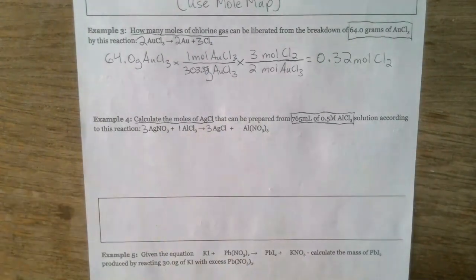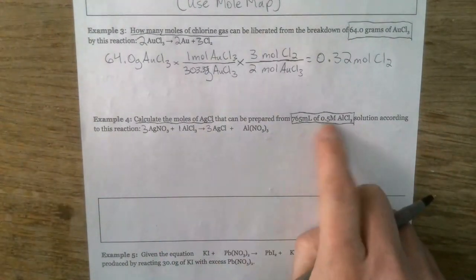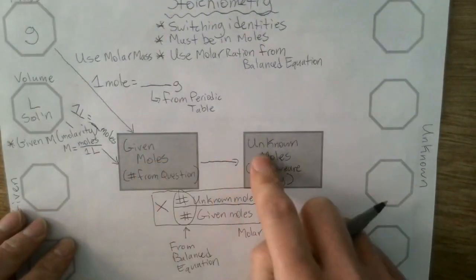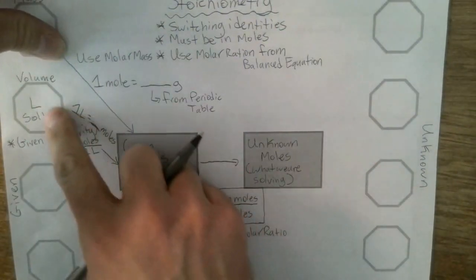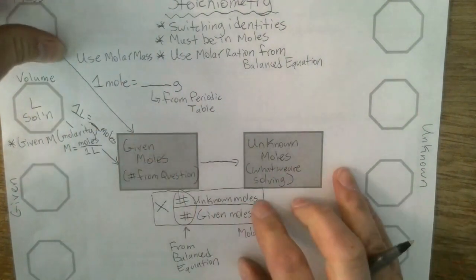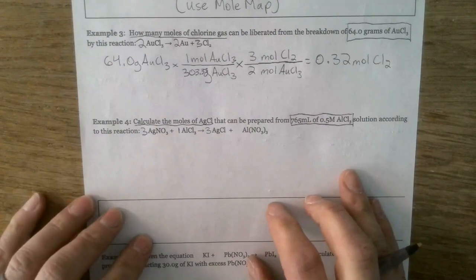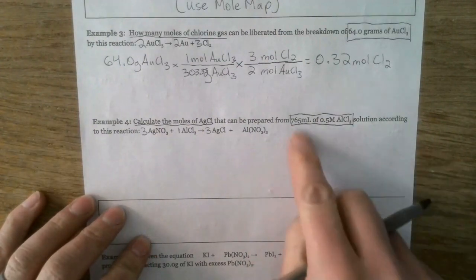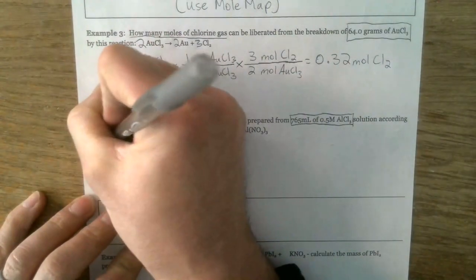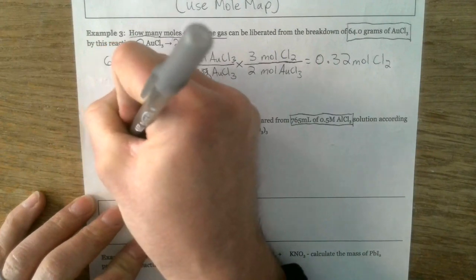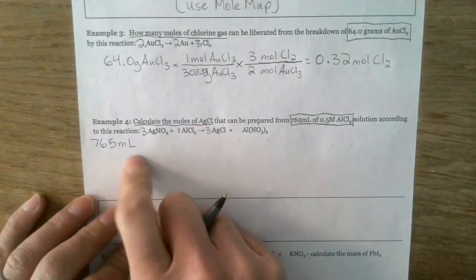So again, going back to our conversion factor, we need to convert this to moles first if we're going to get to moles of another substance. So we're going to use these conversion factors that we just wrote down. So let me show you what we mean by that. Here we're given 765 milliliters. Now notice how this is not in liters.